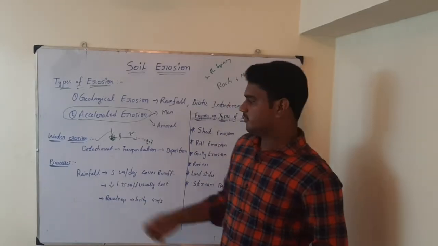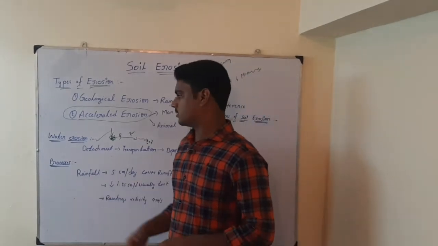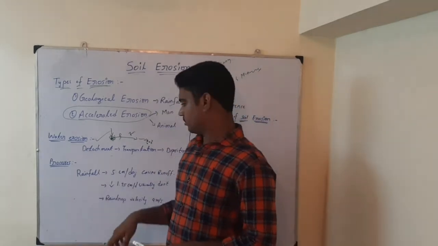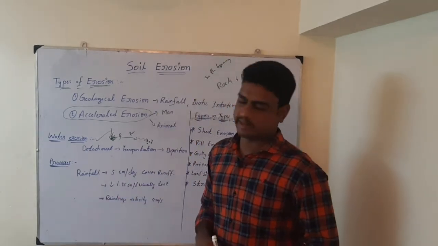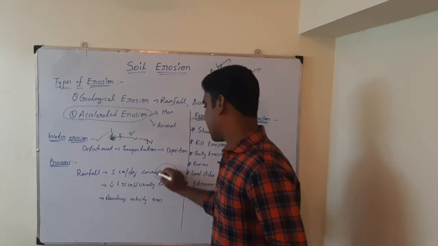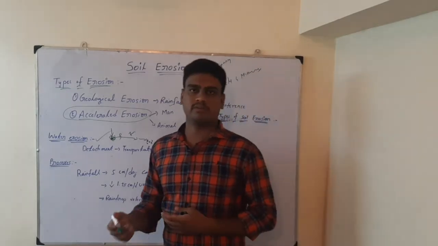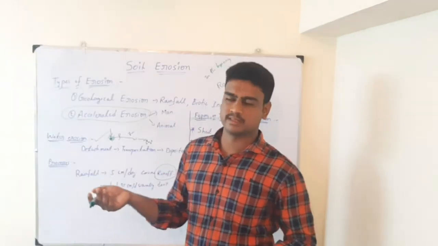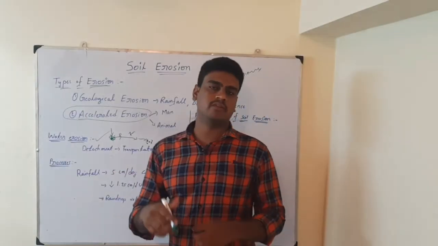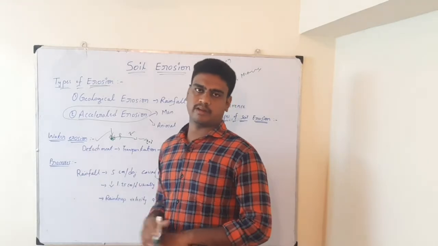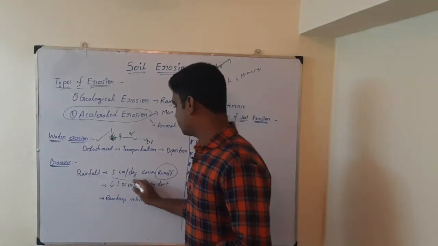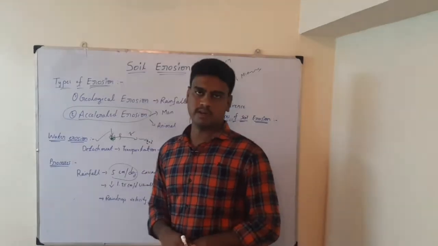If you look at how water erosion happens, in a day, if we receive more than 5 centimeters, then only runoff will happen. Runoff is nothing but the movement of water from one place to another. When runoff starts, along with the runoff water, the soil particles also move. So to start runoff, a minimum of 5 centimeters of rainfall in a day is required.